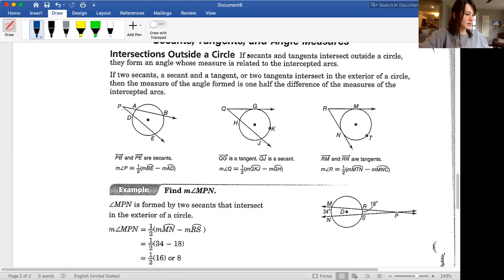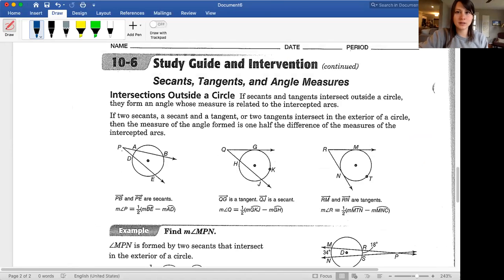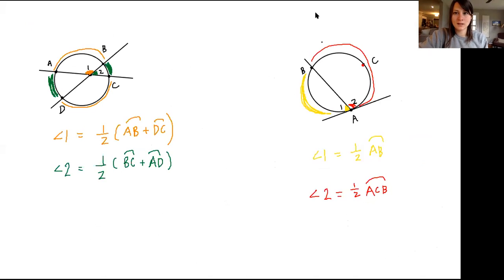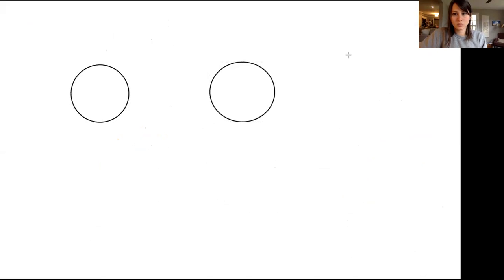The next thing we're going to take a look at are intersections outside a circle. So I would definitely write some of these notes down as well. And what we have here, I'm going to draw 3 circles. 1, 2, 3.